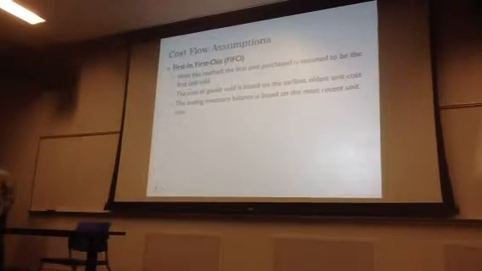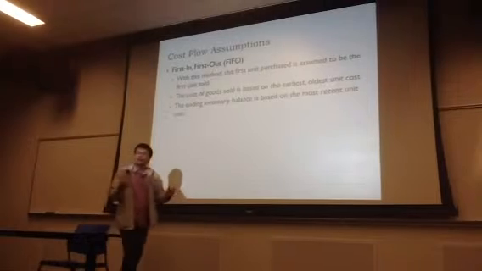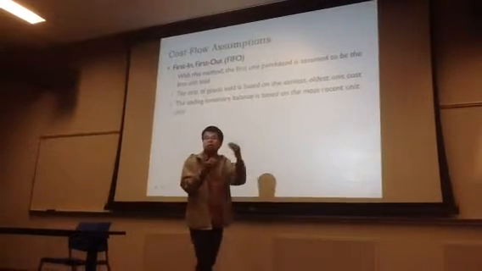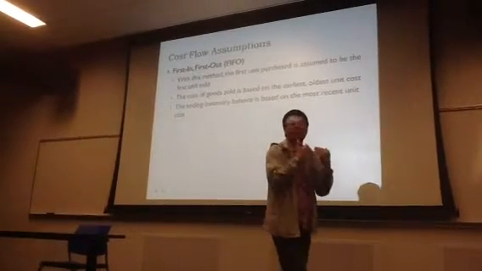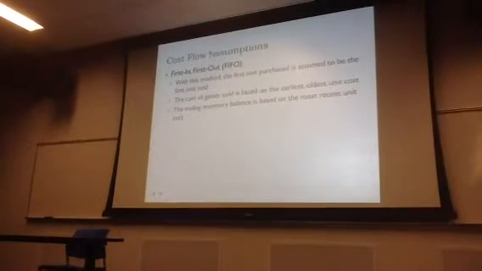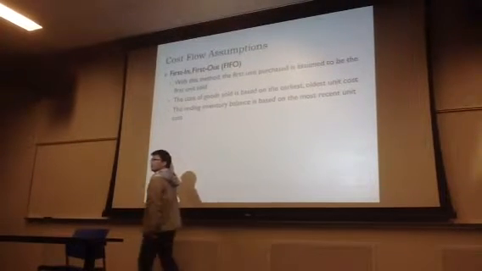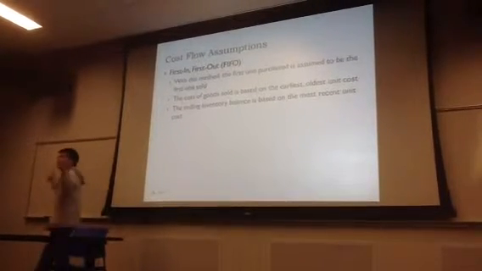That's why if you go to, for example, a supermarket, they will usually put the new products at the back and the older products at the front, and that is the first in, first out. What that implies is the cost of goods sold would be based on the earlier prices.